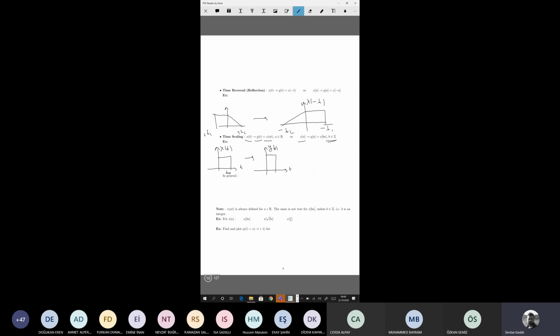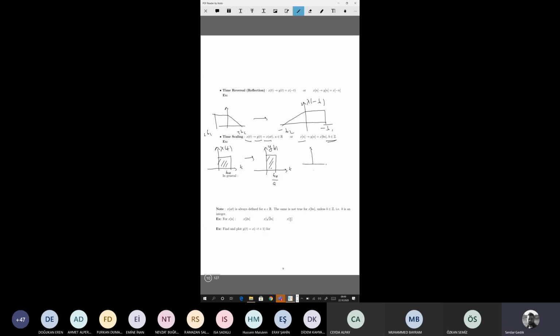This is what I have. T0 over a now is the limit of my signal. In this case, x of t is maximum at t0, but now y of t is maximum at t0 over a.